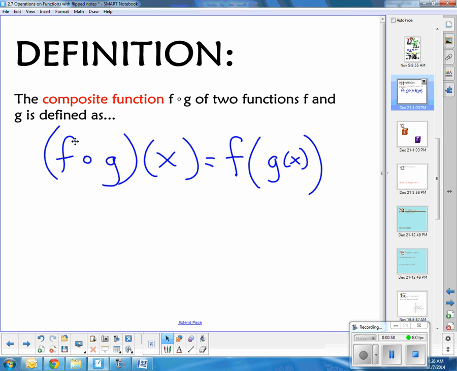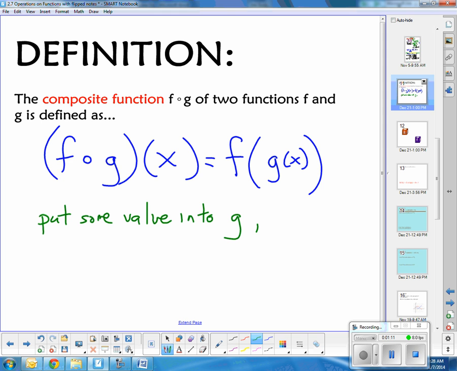So it is this composition. Basically, you want to think of this as: we're going to put some value into the function g. Then you're going to put that result into the function f.